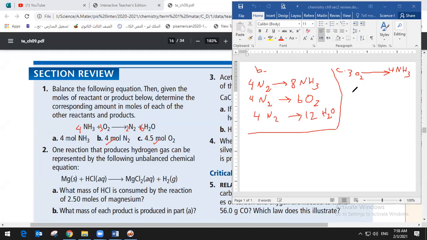So if you have 4.5 moles of oxygen, how many moles of ammonia will be produced? Cross multiplication: 4.5 multiply 4 divided by 3. Could you calculate it, please?